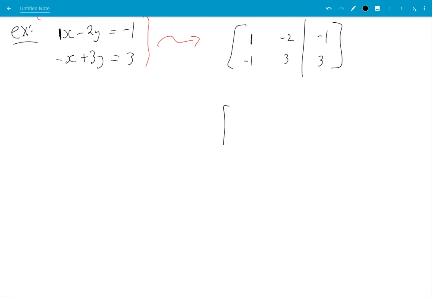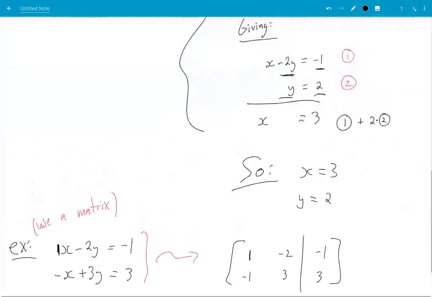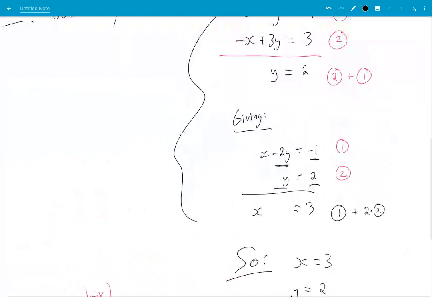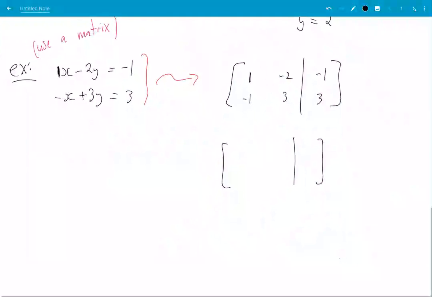To solve my system. Okay, so what's the first thing we did? Scroll up here. What was the first operation we did? 2 plus 1. Okay, so I'm going to take that operation and translate it into the matrix world. So I'm going to say that is row 2 plus row 1. That is my first operation.